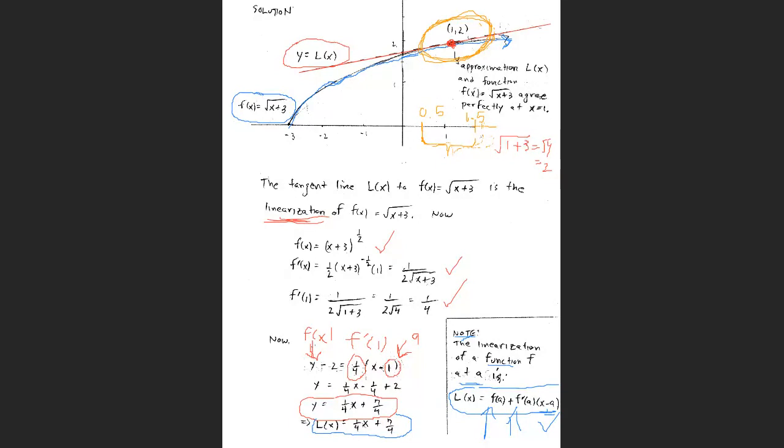But it's the same thing as finding the tangent line of the function at a point. It's the same process. Are there any other good questions?